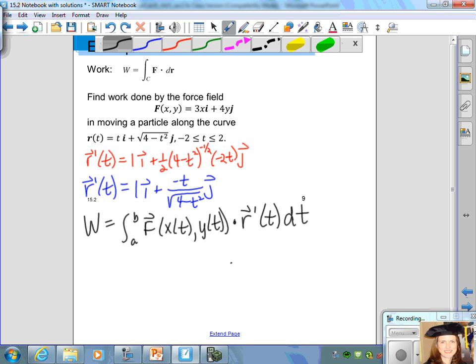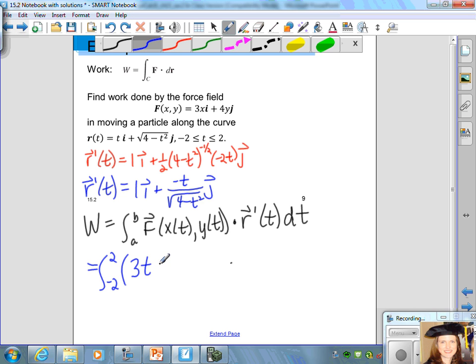So our definite integral becomes the integral from a to b. Our time interval is given to us from -2 to 2. And our vector field f is 3xi plus 4yj, but I'm going to replace the x and the y with what it equals on the path. So this is going to be the vector 3 times x, but x is t.